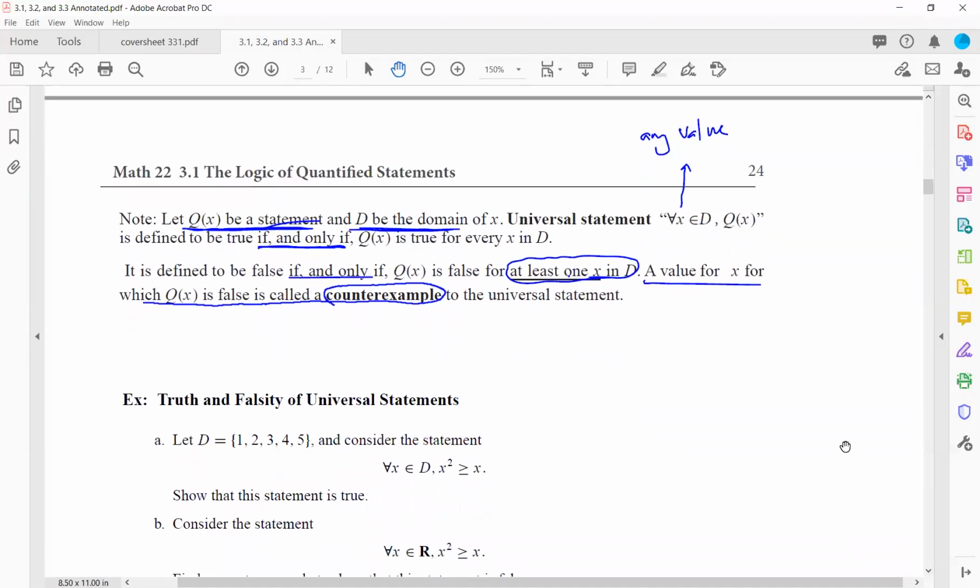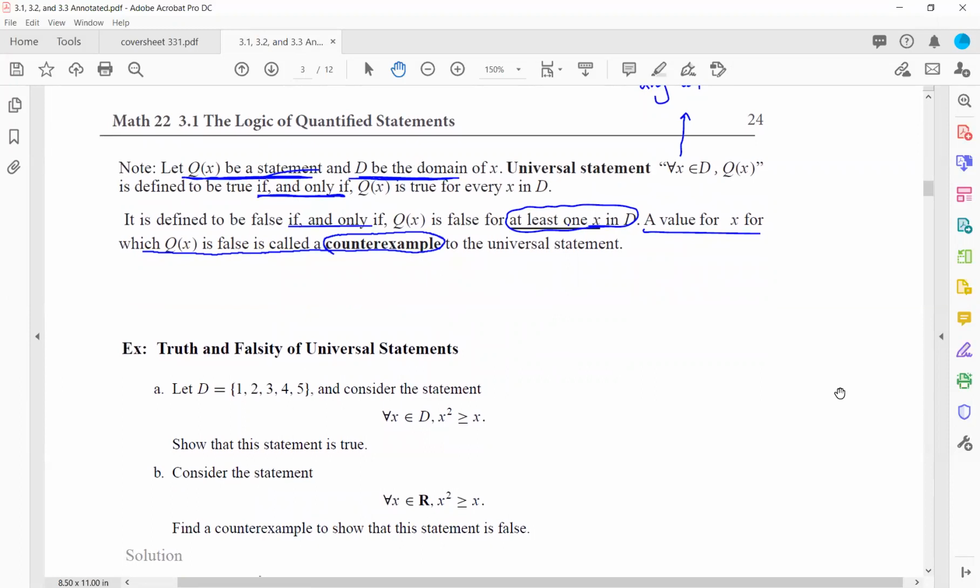For example, consider this statement: x squared is greater than or equal to x when x belongs to this domain. The first domain is a countable, finite domain. x is 1, 1 squared is greater than or equal to 1. x is 2, 2 squared is greater than 2. x is 3, 3 squared is greater than 3. x is 4, 4 squared is greater than 4. x is 5, 5 squared is greater than 5.